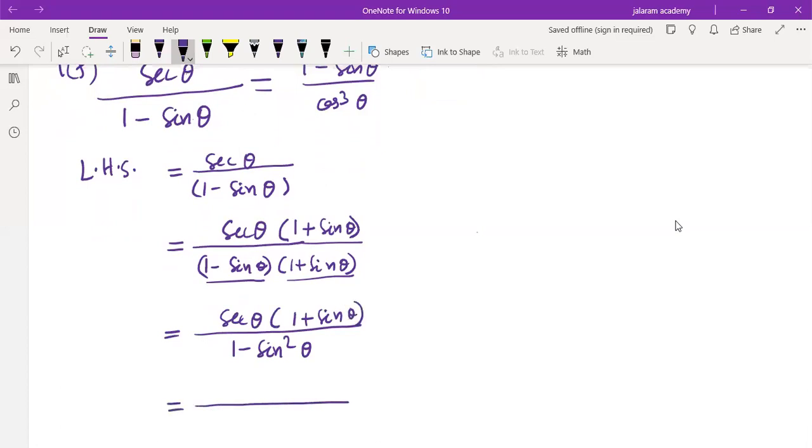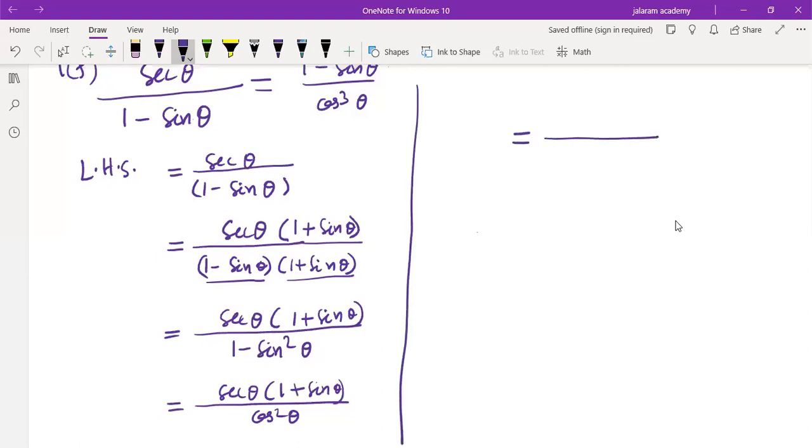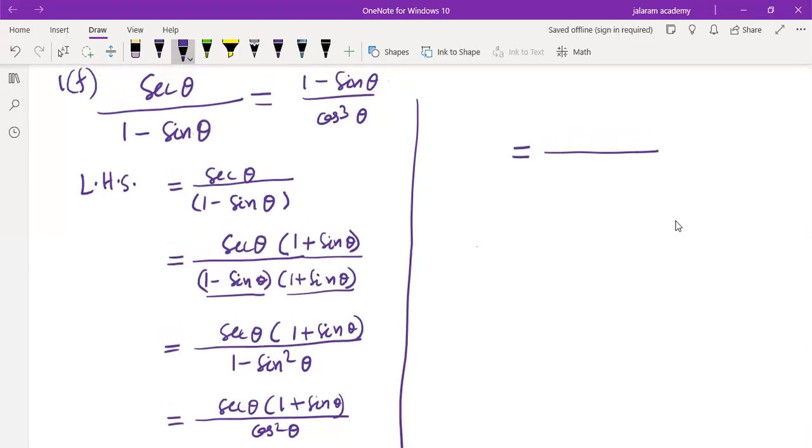Now 1 minus sin square theta is cos square theta, so it equals sec theta into 1 plus sin theta over cos square theta. In the RHS it is 1 plus sin theta, so we will not change this term inside the bracket.